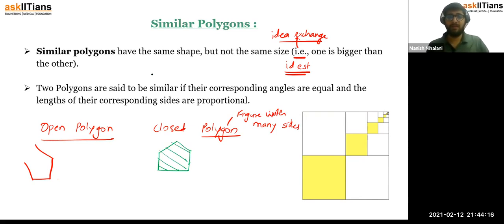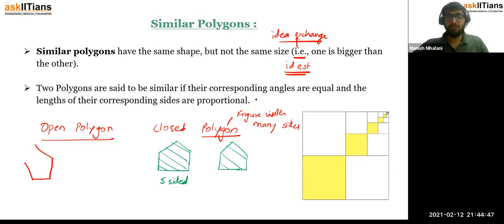Here, when we say there are two polygons, for example this is a pentagon, a five-sided polygon, and this is a pentagon, exactly similar, right? These two pentagons are similar to each other because they have the same shape, but not the same size. If the sides of the pentagons are not the same, we would say they are not congruent polygons but they are similar polygons.